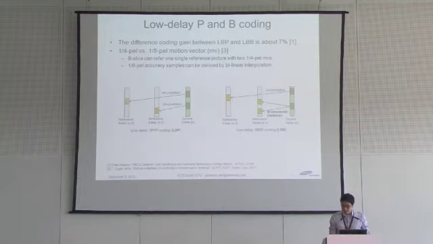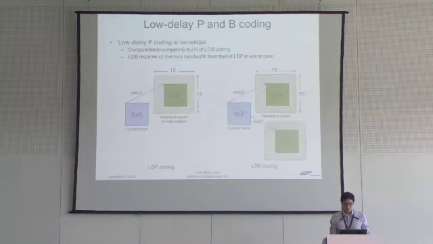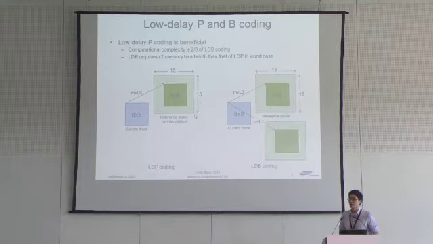However, there are some merits to using LDP coding. For example, low delay P coding can save memory bandwidth and computation complexity. This is the required pixels for low delay P coding and low delay B coding. The left side is low delay P coding. The current block is 8 by 8, and then the required pixels are up to 15 by 15 because the interpolation filter is up to 8 taps.